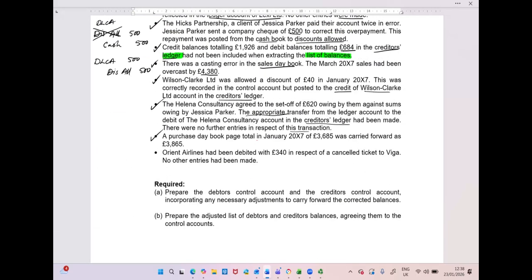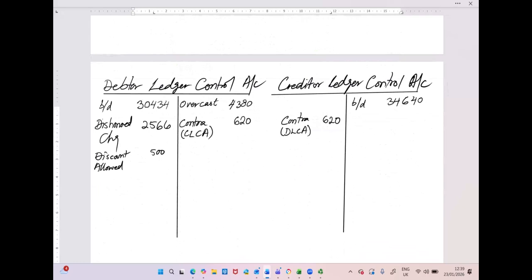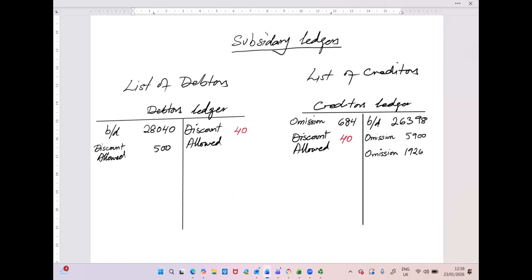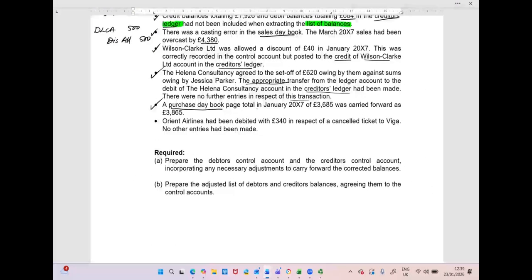Next one is a purchase day book. When I read the words purchase day book, that means I need to focus on my creditor ledger control account and the subsidiary ledgers. That's the first thing, but I need to read the full sentence. The purchase day book total in January 2007 of 3685 was carried forward as 3865.